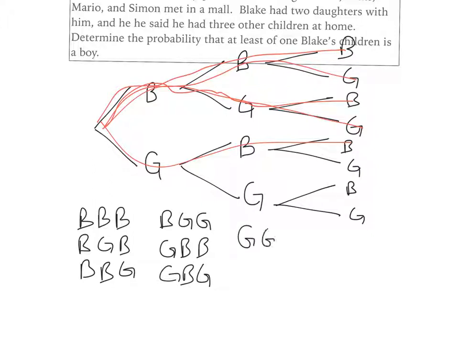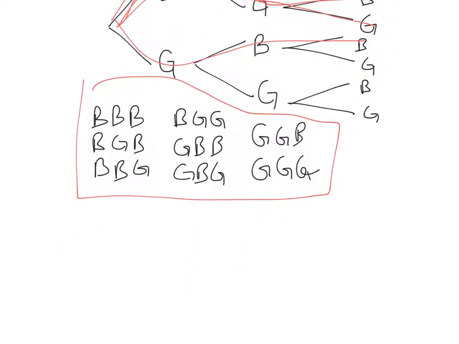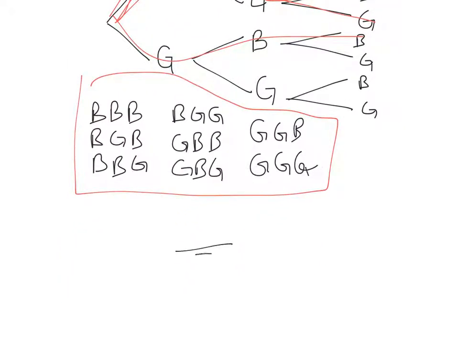Girl, girl, boy. Or girl, girl, girl. Those are the 8 possible ways that his kids at home could be. So our total outcomes here is 8, because there's 8 possible ways that his kids can be.